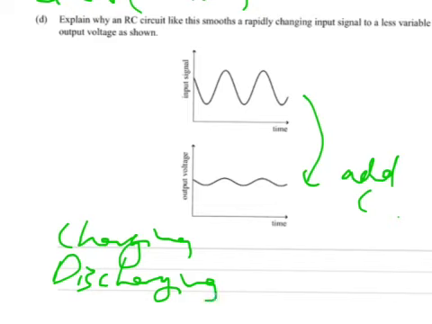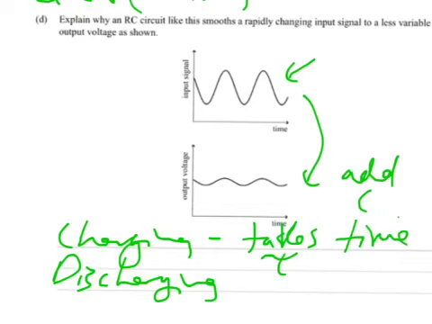When it's charging, it'll take time for the voltage to build up. So it's not an instant change or a fast change like we have in here. It takes time according to the time constant, and therefore it slows down the rate that it's changing.